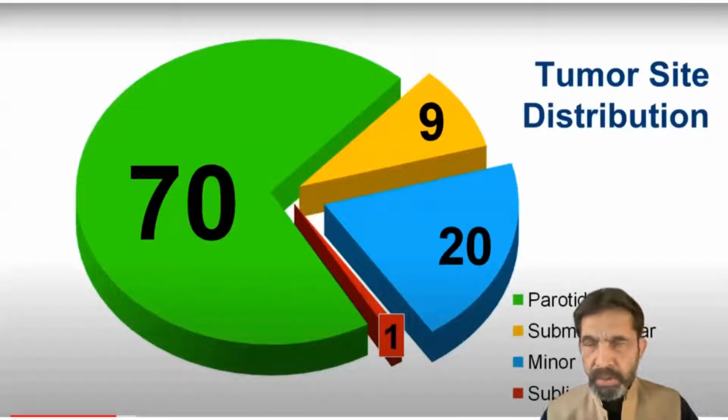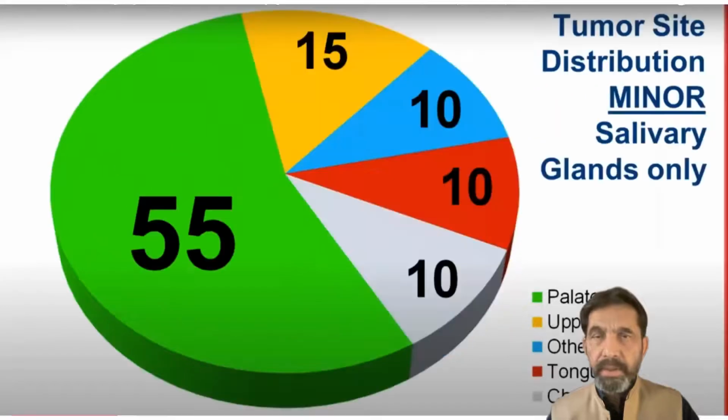The distribution of these tumors is that 70 to 80% of the tumors are in the parotid glands, and 20% of the tumors are in the minor glands, and about 1% in the submandibular and sublingual glands.